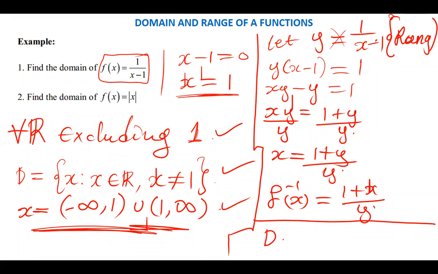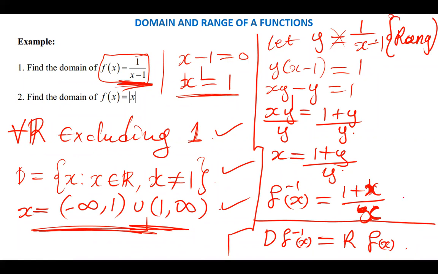The domain of the inverse of any function is equal to the range of the original function. This is what I wanted to say. When I find this, I'm supposed to put x here, not y, because I've changed everything. Where there's y, I'm now putting x. So if we find the domain of this function, it means that is the range of the original function.